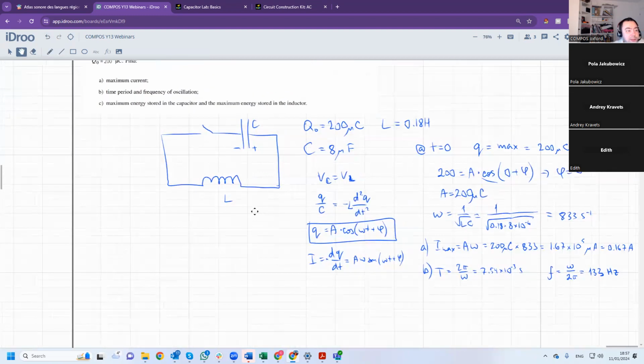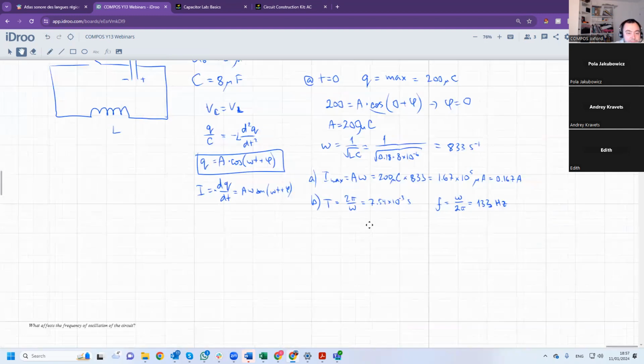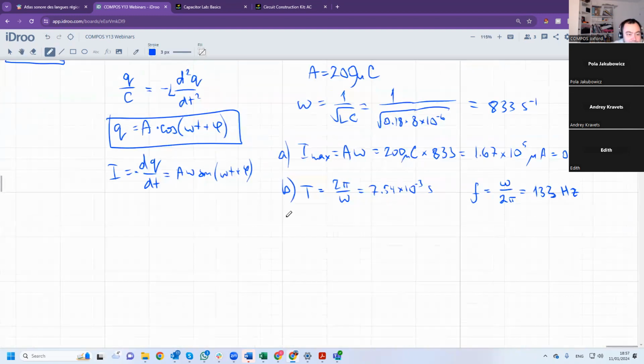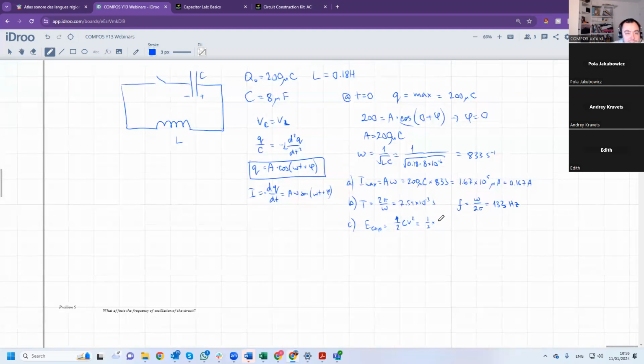And last question, energy stored in the capacitor and the maximum energy stored in the inductor. Well, energy in the capacitor is 1/2 CV squared, which is 1/2 multiplied by the capacitance, 8 micro, multiplied by V squared.